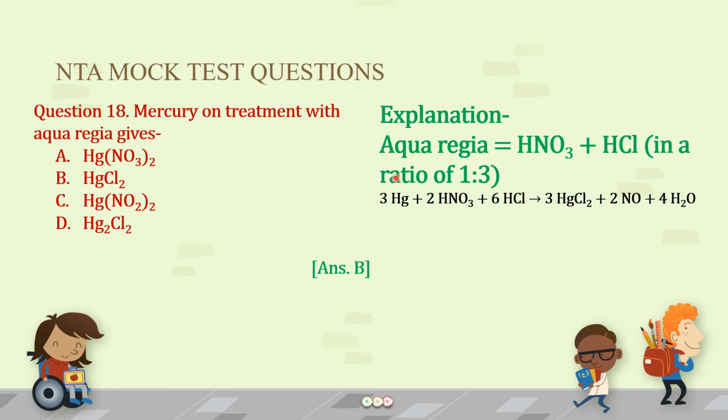So to make the reaction possible, we add HCl to that, and then the reaction is possible. So similarly over here also, when we react mercury with HNO3 and HCl, it is going to be the reaction of mercury with HCl forming mercuric chloride. Along with that, NO and water are formed. So this is what you have to remember very importantly for this reaction.